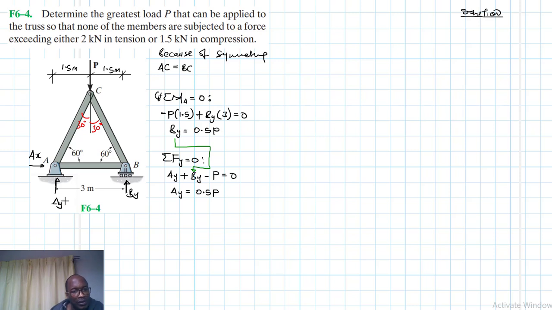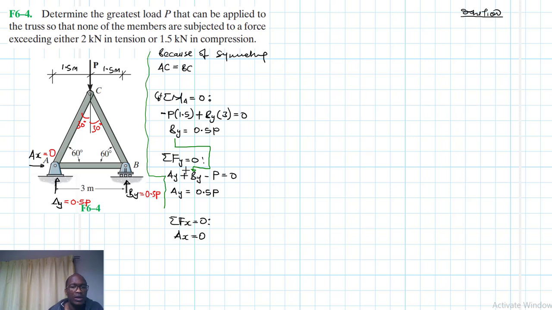So this is equal to 0.5 P. This is equal to 0.5 P. And then finally we have summation of forces in the x equal to 0. We know that our AX is just going to be equal to 0.